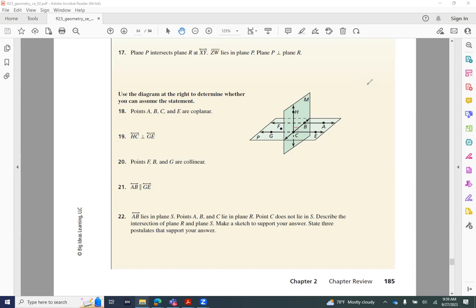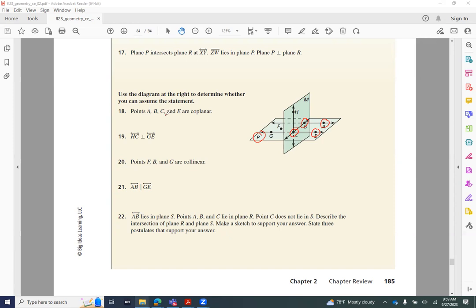All right, on 18 through 22, use the diagram at the right to determine whether you can assume the statement. 18: points A, B, C, and E are coplanar. Let's circle these. Here's A, B, C, and E. Are they all on the same plane? Yes, they're all on plane P. So that is definitely a true statement.